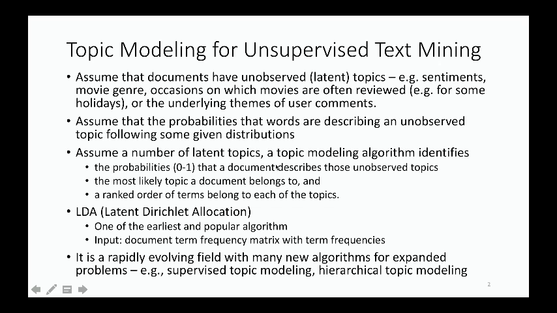But mainly in tutorial 3B, we are interested in topic modeling. And it is mostly used for unsupervised text mining. So here, topics are assumed to be unobserved, meaning that we don't know the topic of a document, or the main topics of a set of documents or a collection of documents.